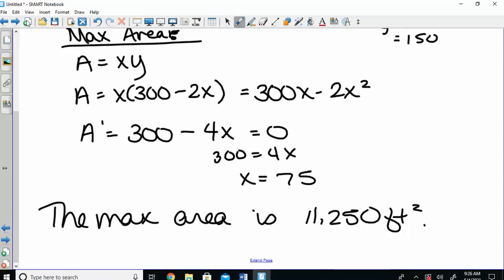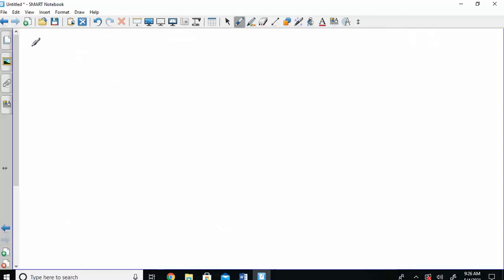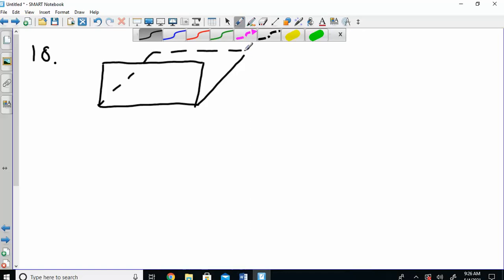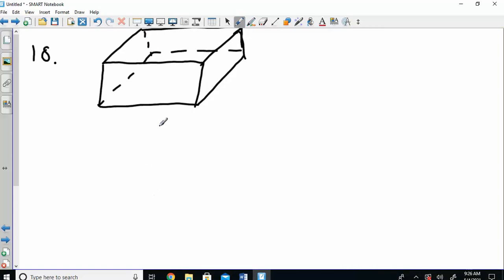Okay. Last question for the day. So, suppose you are making a rectangular box with a square base. So, here's my box. If it's a square base, that means these sides are the same.